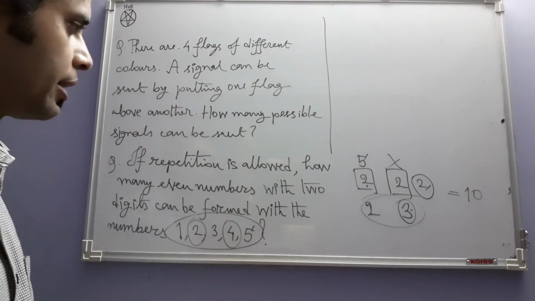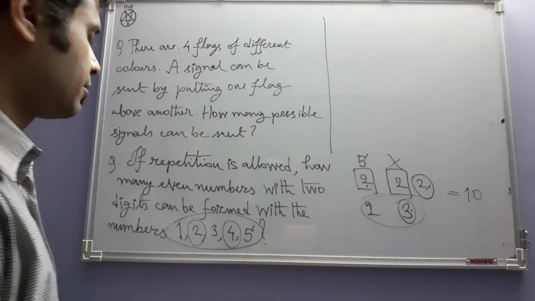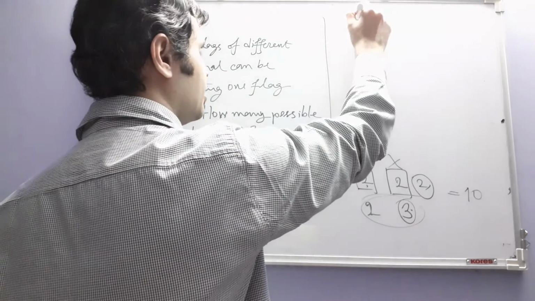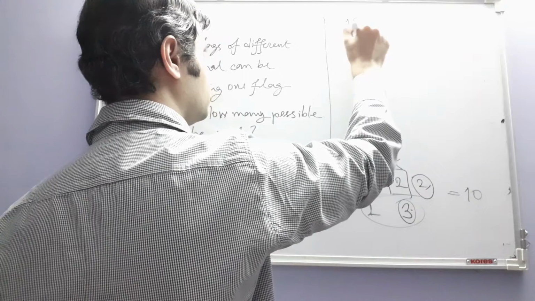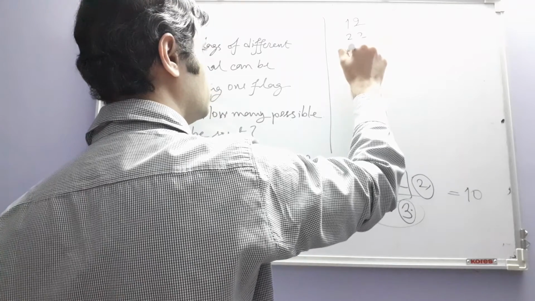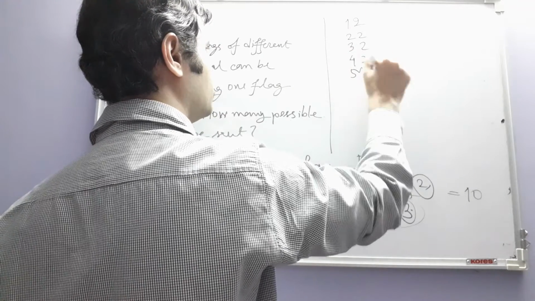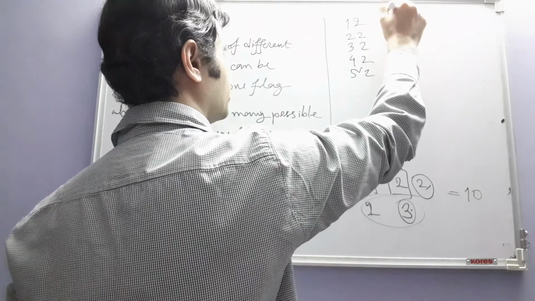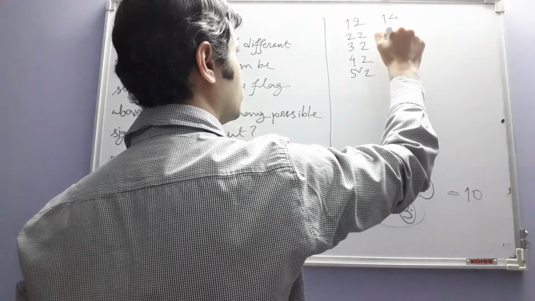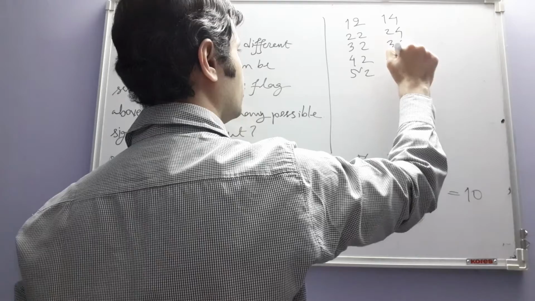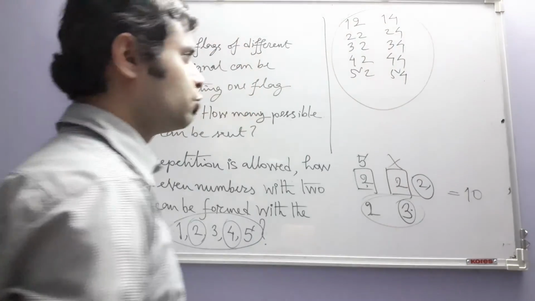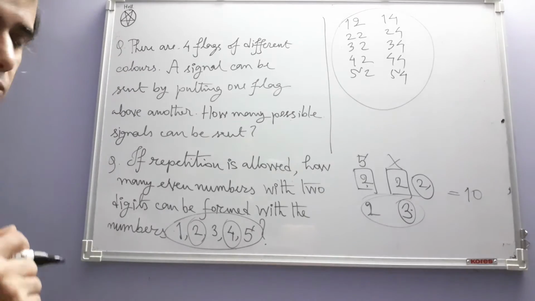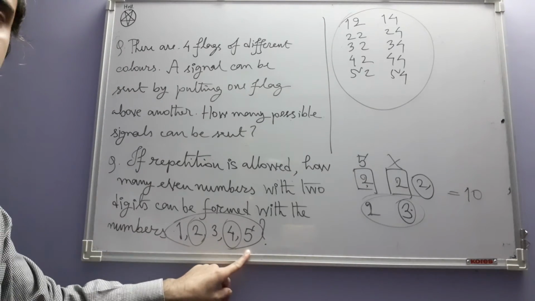So for this one, let us just quickly try to write all the numbers. If I have 2 here, I can write 1, 2, 2, 2, 3, 2, 4, 2, 5, 2. If I have 4 here, 1, 4, 2, 4, 3, 4, 4, 4, 5, 4. So these are the 10 two-digit numbers that are even and that can be formed using these numbers.